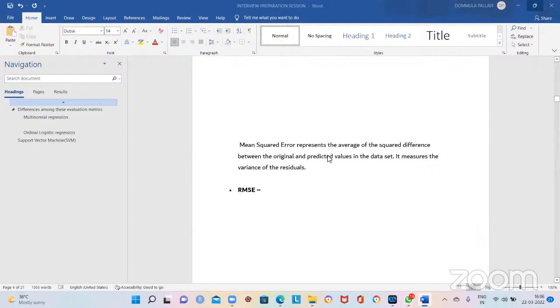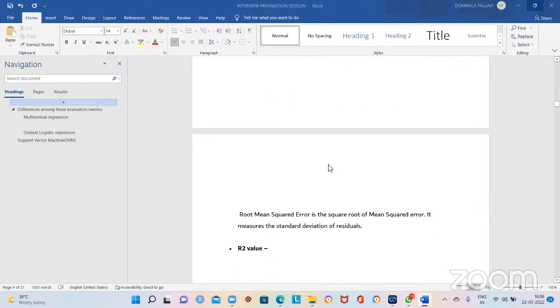What is RMSE? The full form of RMSE is root mean square error. RMSE is the square root of mean square error. It measures the standard deviation of residuals.